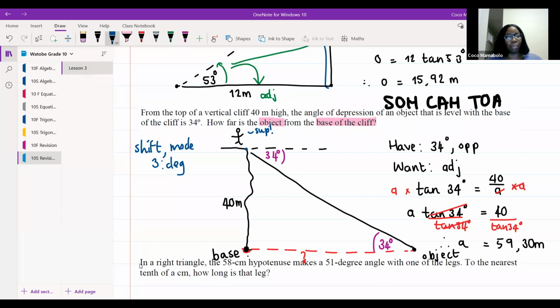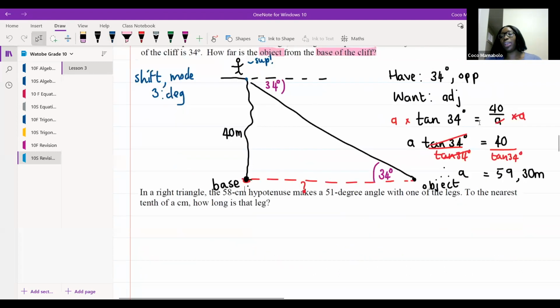Sine is opposite over hypotenuse, and you would have gotten 48, whatever it is that you guys got. But in this case, be very careful, guys. We're looking for the adjacent side to the angle. I know, it's okay. I'm glad we're making these mistakes here and now and not in a very important test or exam.